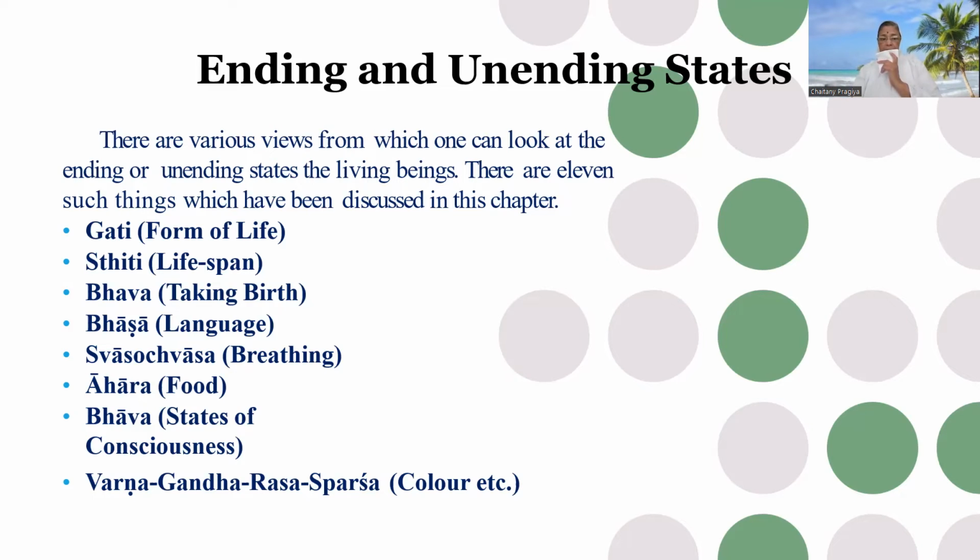If he had a lifespan of 10,000 years, it is not necessary that when he takes birth again in hell or heaven, he will have the same 10,000 years. He may have more or less. So if somebody takes the same lifespan again and again in that particular form of life, then it is unending for them. And if somebody is not getting the same lifespan in that form of life, then it is ending for them.